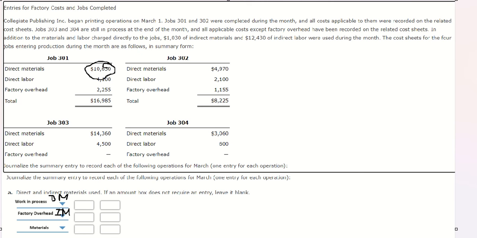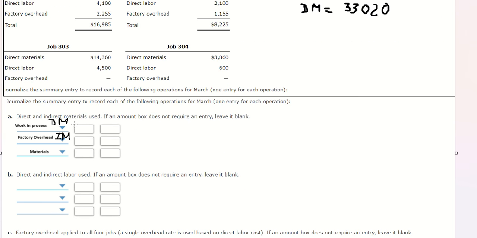And you will have the total DM. That is about 33,020. So we put this number in here.